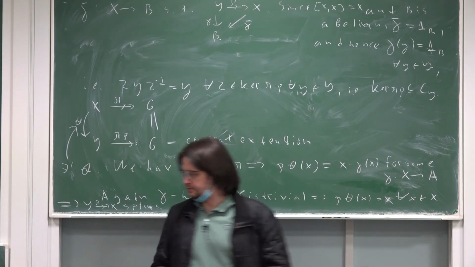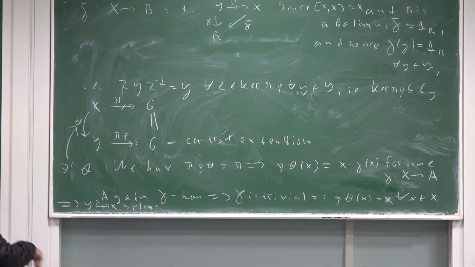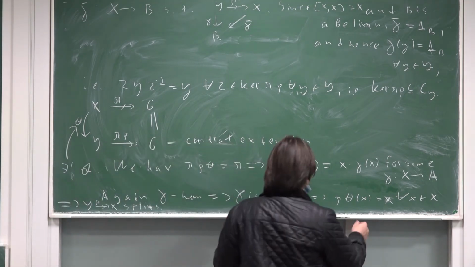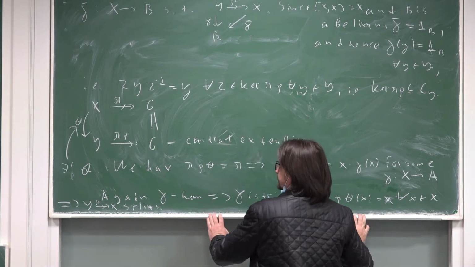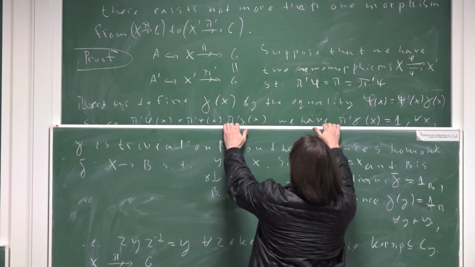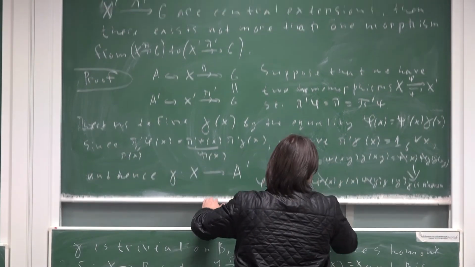Thus, we have shown that if the central extension is universal, then the second homology of X with coefficients in Z is really 0. Yes.